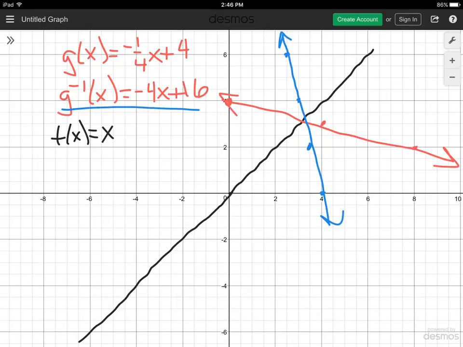That's fine to do. So again, the point is that if two lines are inverses of each other, they would reflect over the y equals x line.